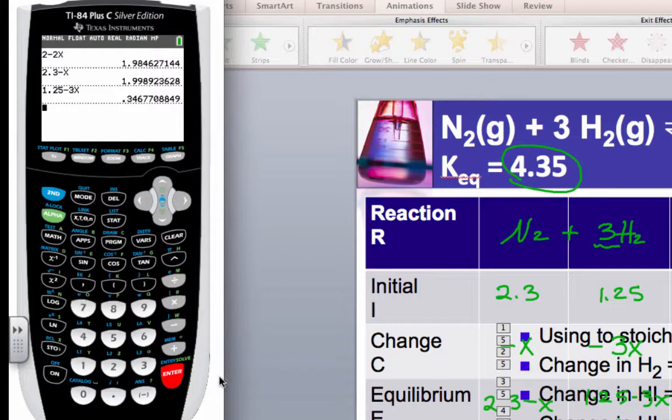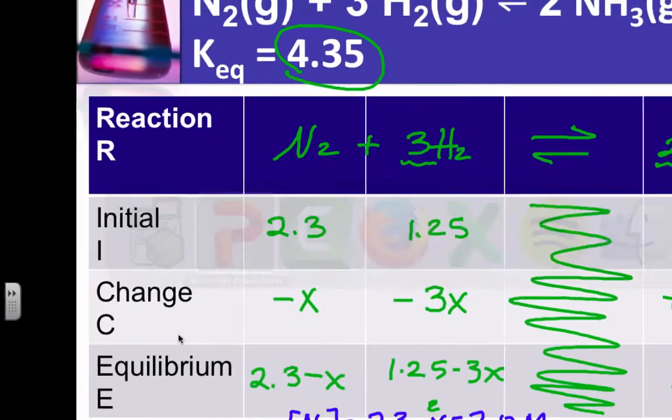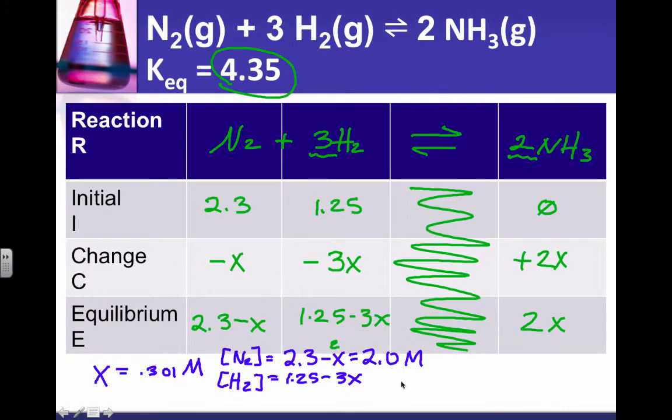And then the value for hydrogen is going to be equal to 1.25 minus 3x. And we can let the calculator handle that math for us as well. So 1.25 minus 3x. Enter. 0.3467. And I get to keep 2 sig figs.